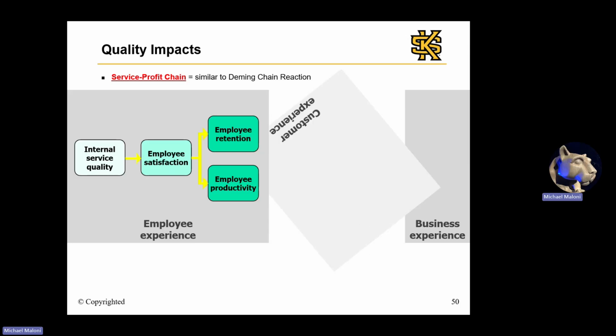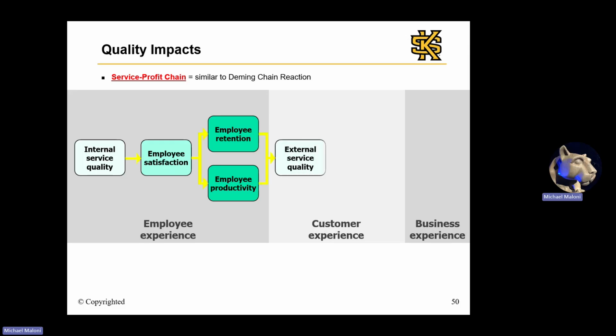And then the customer experience is that customer view of quality. These satisfied, productive employees deliver higher levels of quality to customers, which leads to higher levels of customer satisfaction and loyalty. And finally, the business experience represents the organizational benefits of higher quality.